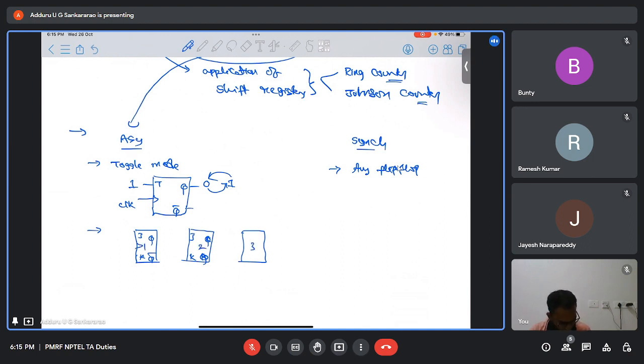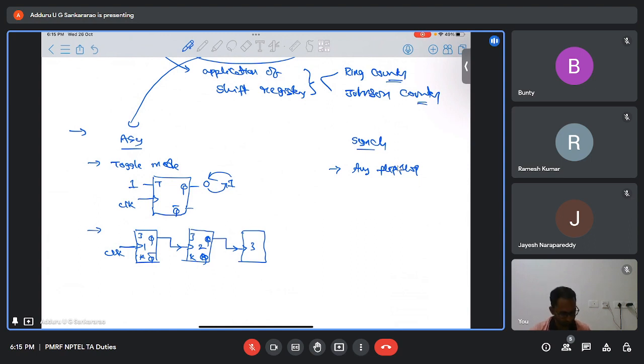Only for the first flip-flop is the clock pulse given directly, and the output of one flip-flop is connected to the clock input of the next flip-flop. This is the main difference between synchronous and asynchronous counters. For the first flip-flop only we give the clock, and for the rest, the Q or Q bar output of the previous flip-flop drives the next flip-flop.